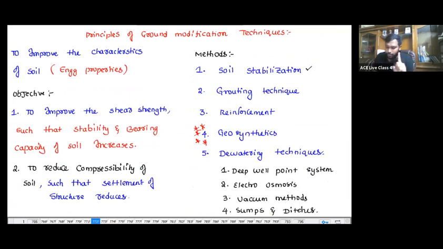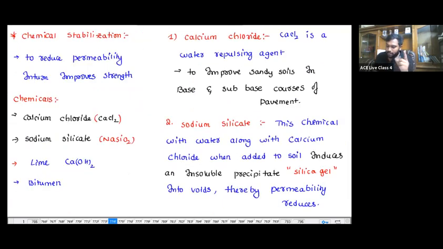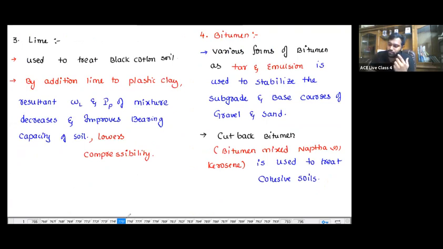Do not go beyond these points, because if you want to explore, the principles of ground modification techniques are too vast. There are many methods, but we don't require all those things. So keep that in your mind.